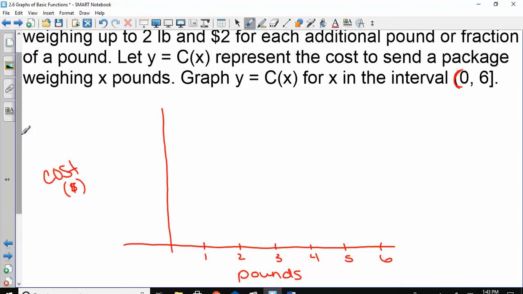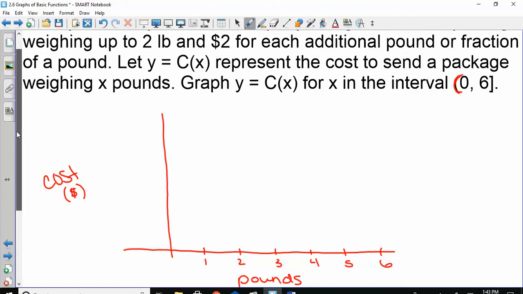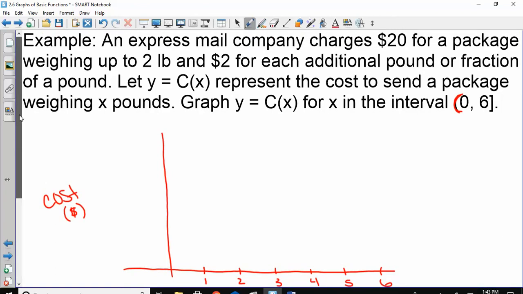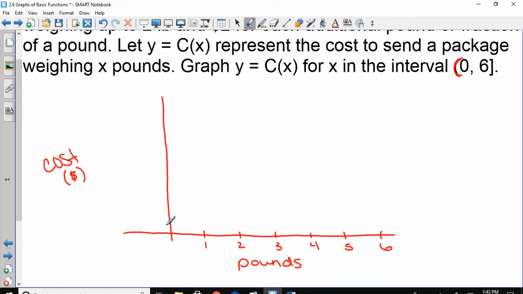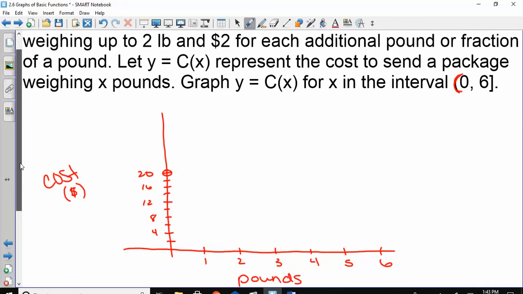Okay. What's the lowest I would possibly pay to mail this package? $20. That's the cheapest package they have. Okay, so at 0, 20, I'm going to start with an open circle.